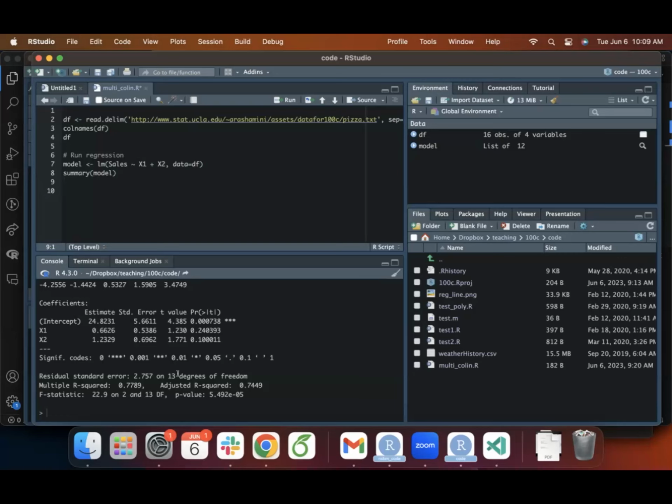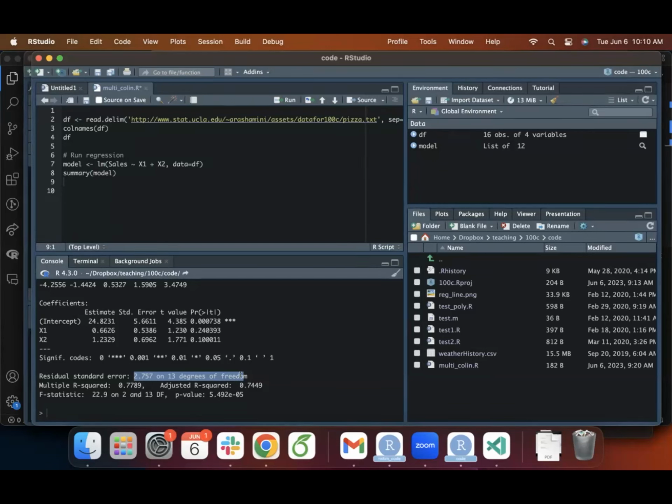So this is the residual standard error, basically the norm of E squared divided by n minus p minus 1, and then the square root. Because it's a quadratic form, it has a certain number of degrees of freedom, which is this. We can verify this: just calculate your estimate of S, and it should be this.